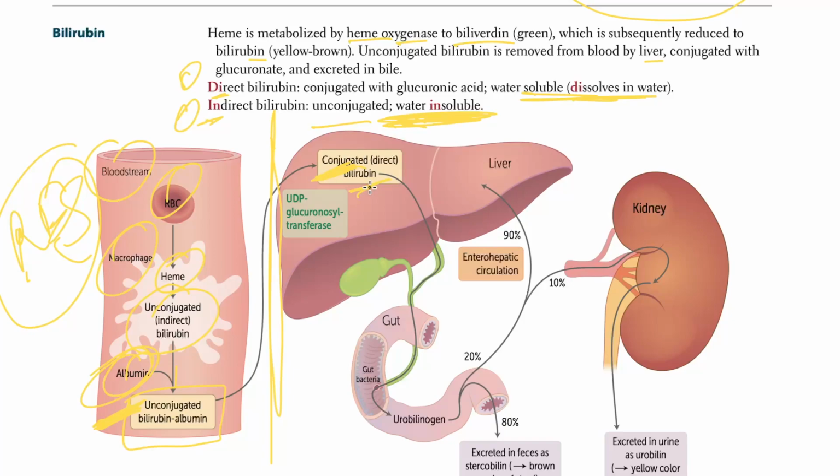So it goes into the bile canaliculi and into the bile ducts and gets either stored in the gallbladder or just gets out into the duodenum, into the gut.